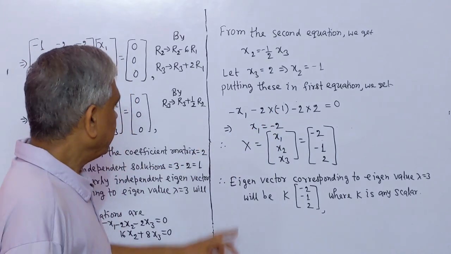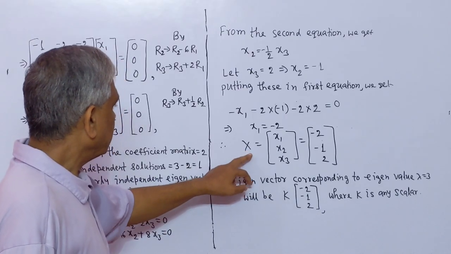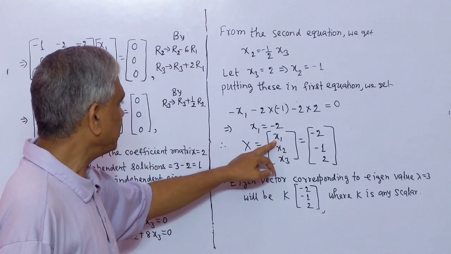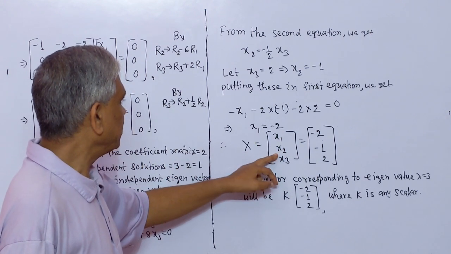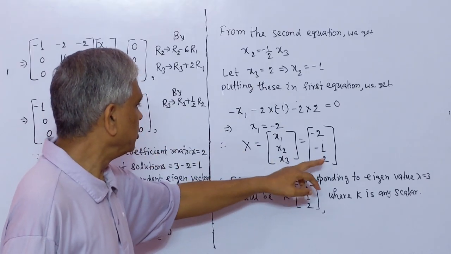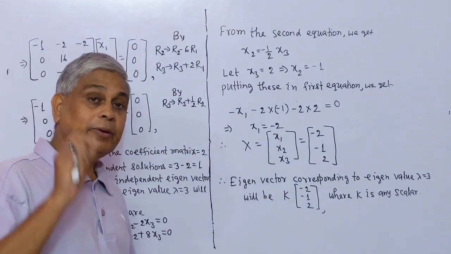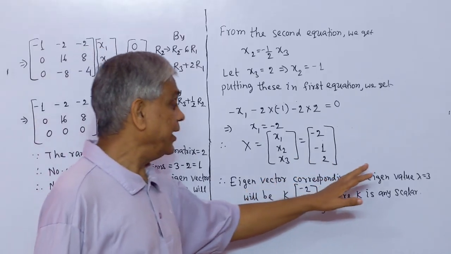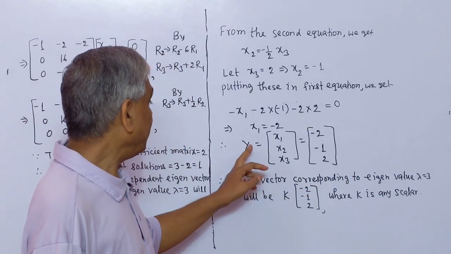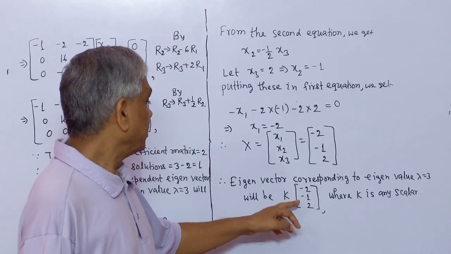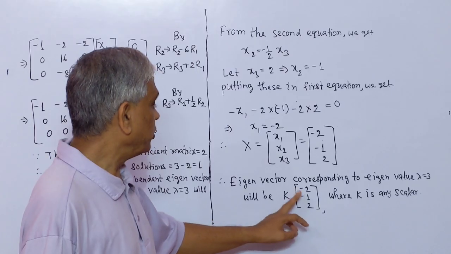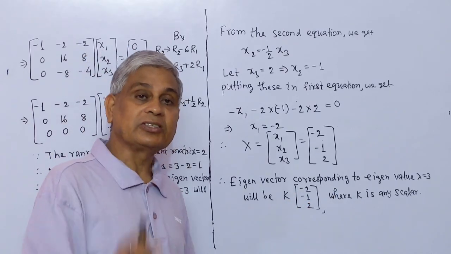Therefore, vector x equal to column matrix x1, x2, x3, x1 is minus 2, x2 is minus 1, x3 is 2. So, eigenvector corresponding to eigenvalue lambda equal to 3 will be k multiply this x. This x is this column vector or column matrix, where k is any scalar.